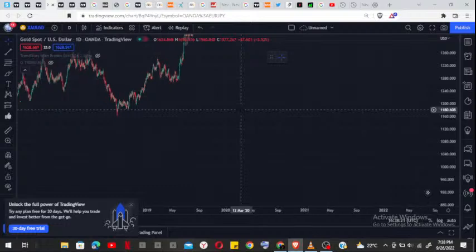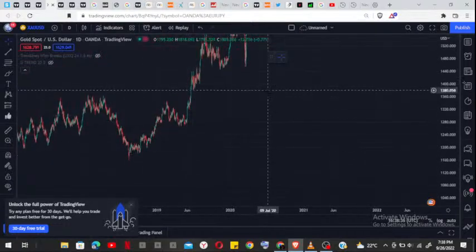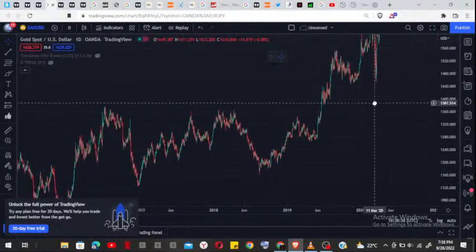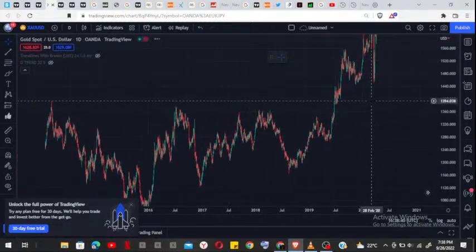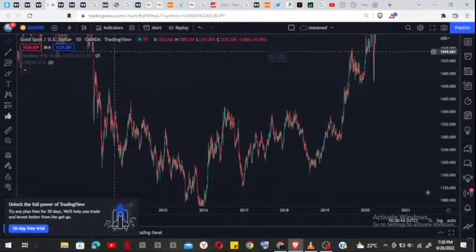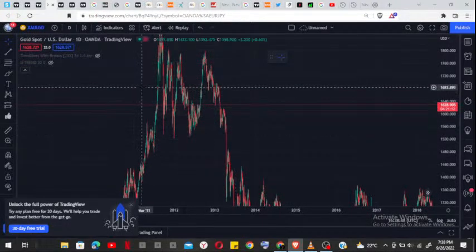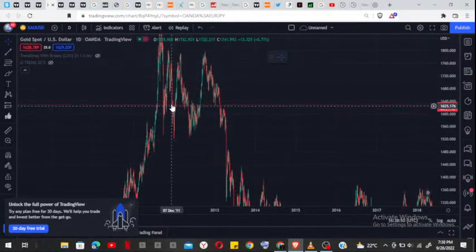If you look at it in a 5 year time frame, you'll be able to see that gold is on an upward trend. But that aside, what's happening here is something that happened, if I'm not wrong, around 2020, or rather 2011.